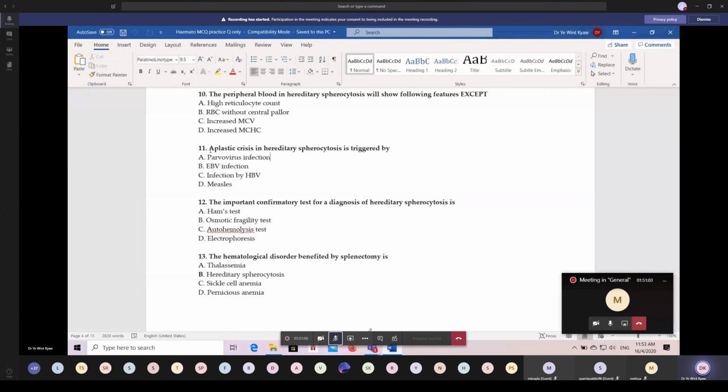But mainly the specialty of hematology is taken over by pathologists. Medicine also learn hematology a lot. So you will repeat and learn again in internal medicine also. So 11 is quite easy. Number A, parvovirus.